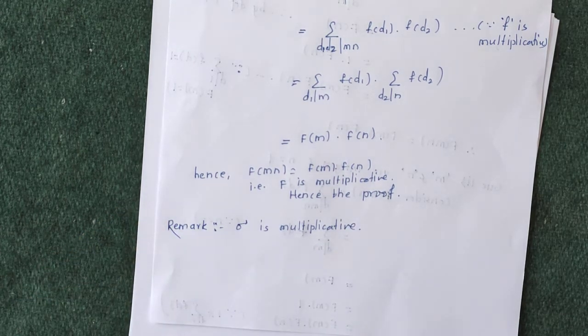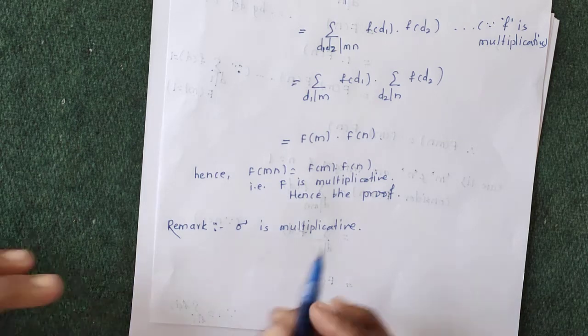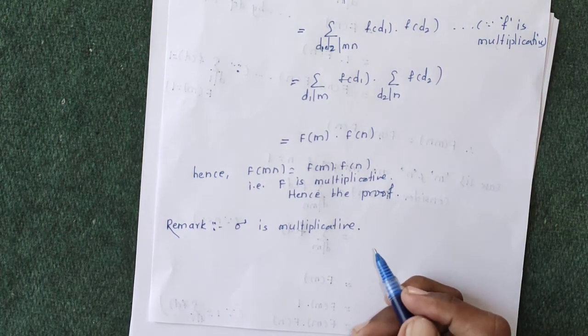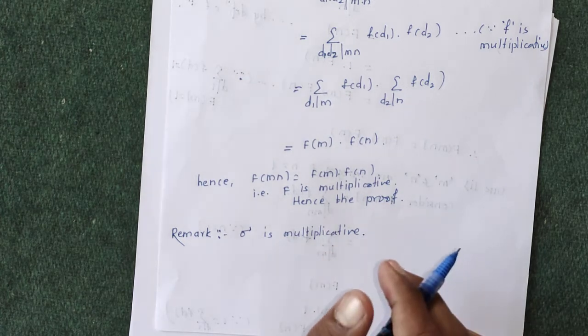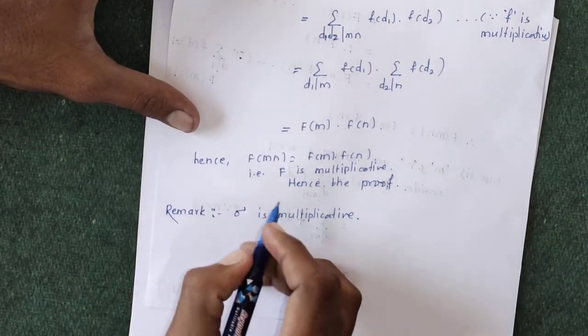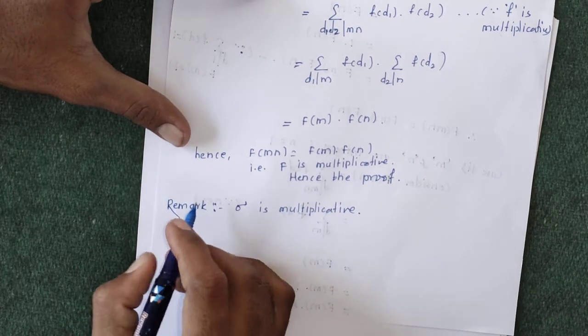Sigma means the sigma of n is the summation of all positive divisors of n. Sigma of n is an arithmetic function. So, sigma is also a multiplicative function. Now, we are going to take one theorem on this. To prove this next theorem, we need this remark.